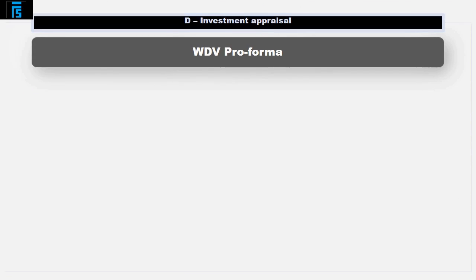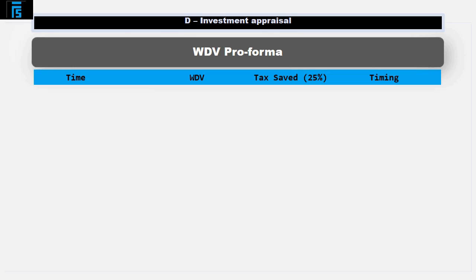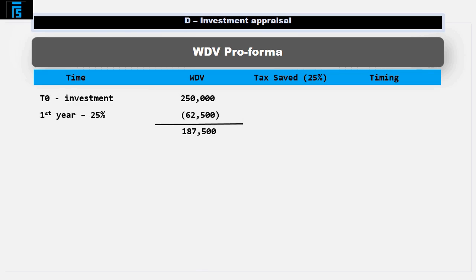Here's a standard working to calculate the tax saved as a result of the writing down allowances. Let's set up the column headings first. Time, written down value, tax saved, and timing. Let's now calculate the first year. We take 25% of the initial cost of $250,000.